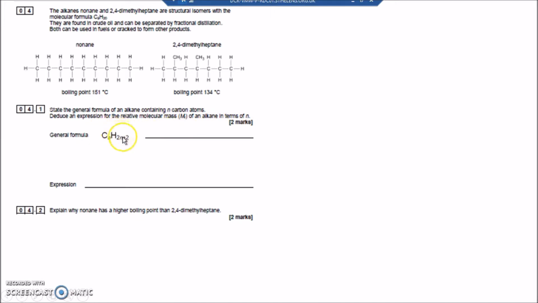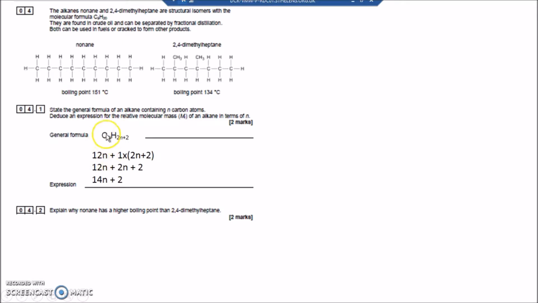So in terms of the relative molecular mass then, a carbon has got a mass of 12 and a hydrogen's got a mass of 1. So for every carbon with a mass of 12, you've got n numbers of 12, and for every hydrogen with a mass of 1, you've got 2n+2 with a mass of 1.